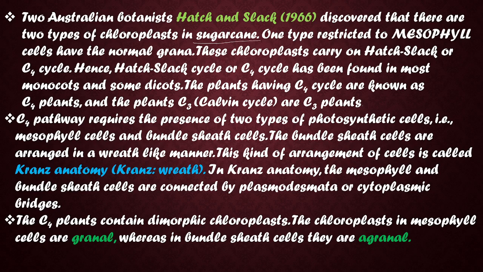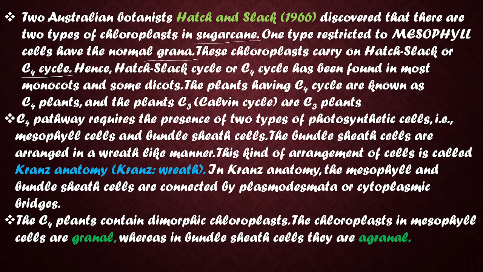One type is restricted to the mesophyll cell and has normal grana. These chloroplasts carry out the Hatch and Slack or C4 cycle.